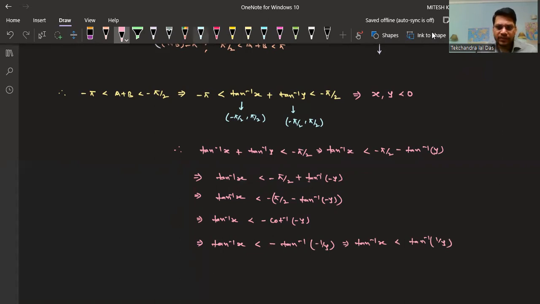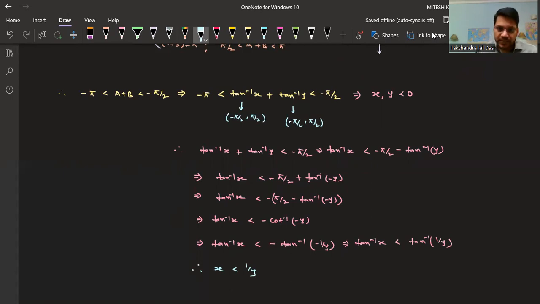You know, tan inverse function is an increasing function. So if you remove this, you can compare x and 1 by y using the same inequality here, no? Clear? Because tan inverse function is increasing. Also we know y is negative.